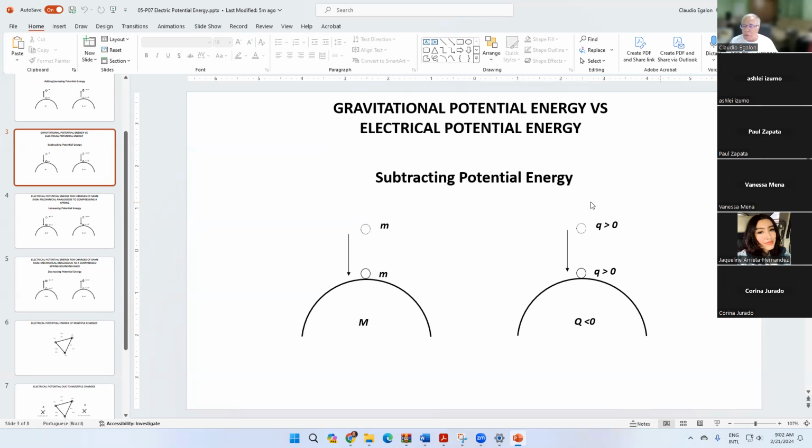The solution of this problem is very similar to the solution of the mass problem. Suppose that we know the electric potential V of this charge at this position, and it's initially at rest. What's going to be the velocity of this charge at a given distance from the main charge?